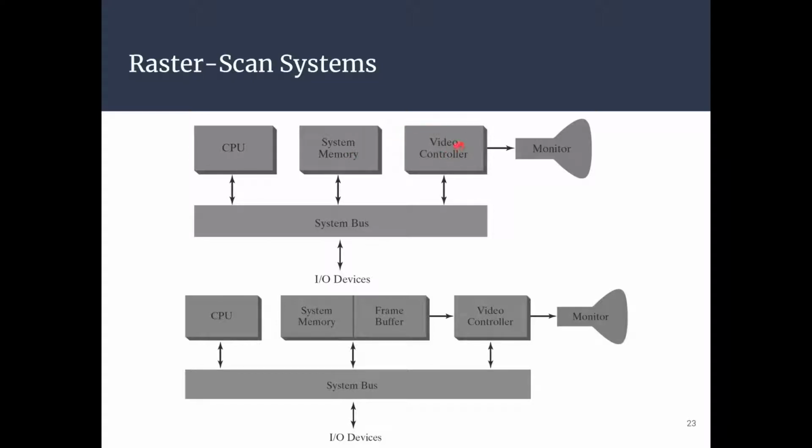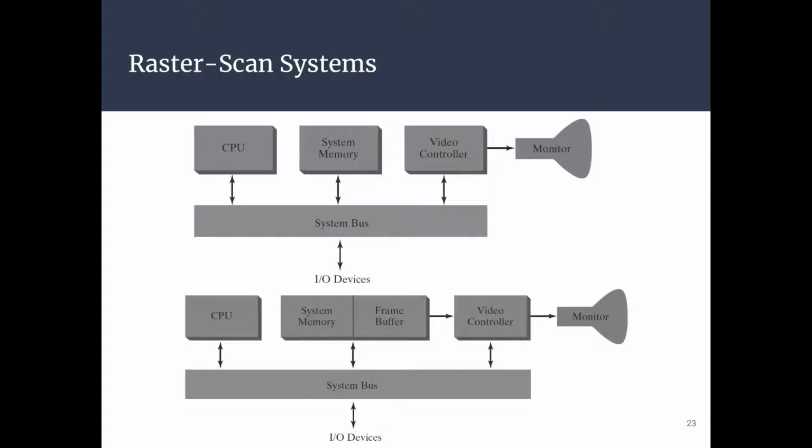What happens is that the video controller will access the system bus to access the system memory, to be able to access that frame buffer and grab values from it to produce the refresh for the monitor.